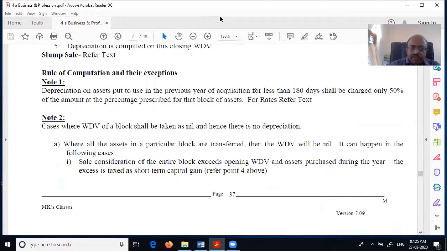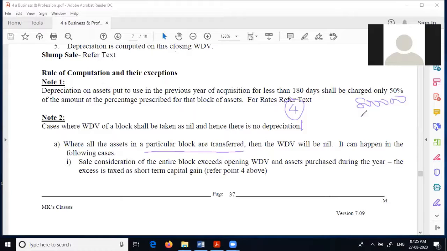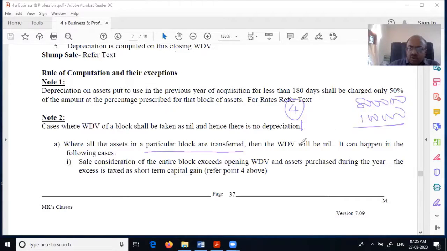In the above case, I'll just use that same example. When all the assets in a particular block are transferred, that means we have now 8 lakhs. How many assets were there? 4 assets. We purchased one for how much? 1 lakh. Now we sell all the 5 assets for, say, 10 lakhs.